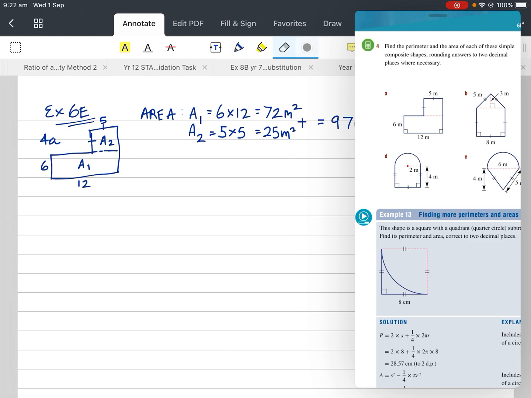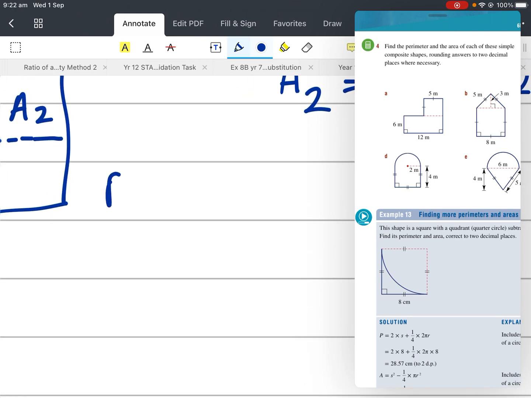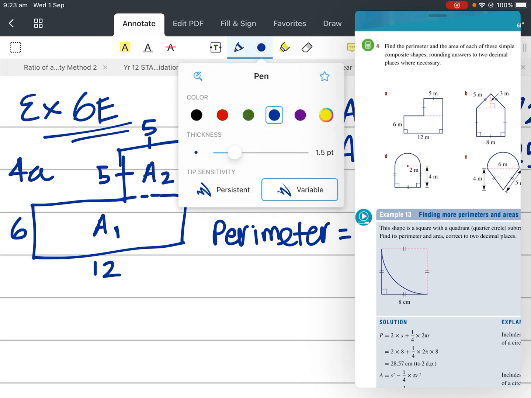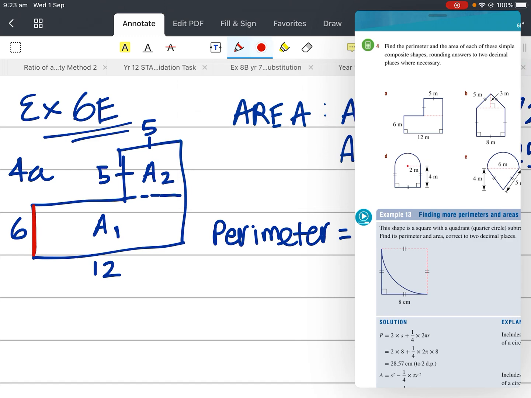Okay, so that's the area. Now let's try perimeter. If you look at my shape, you have 1, 2, 3, 4, 5, 6 sides in total. So you're going to need to write in 5 here. Now remember, if you add all the vertical sides, it should equal the other vertical side.